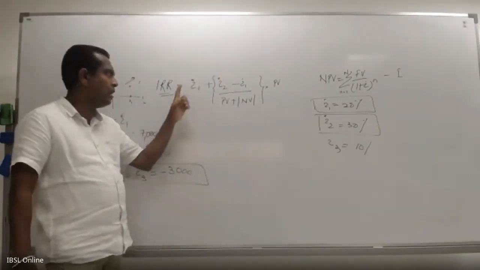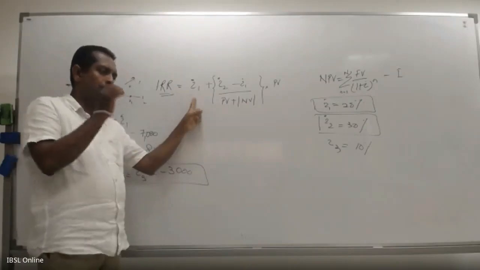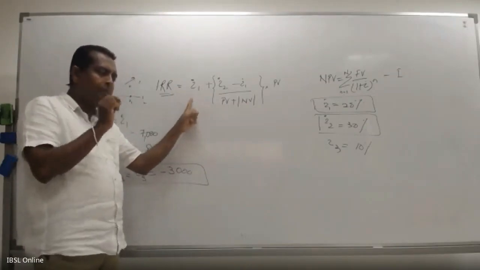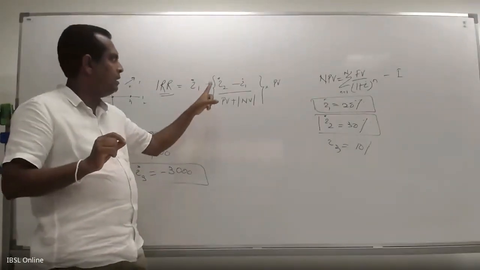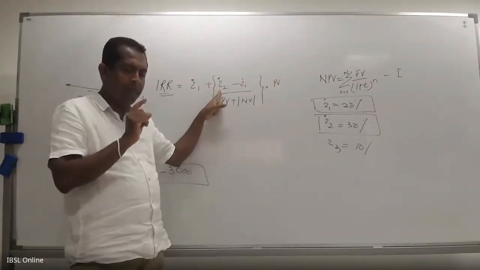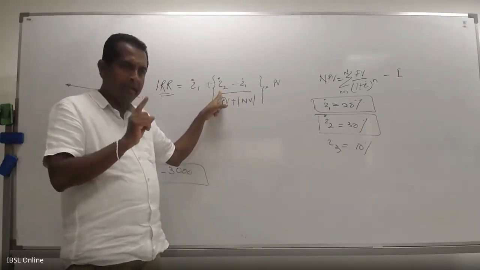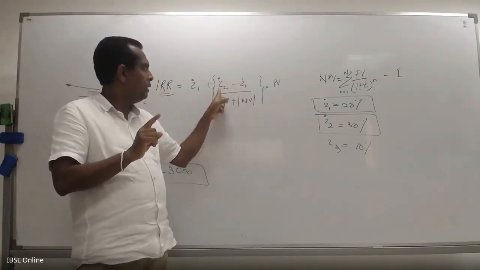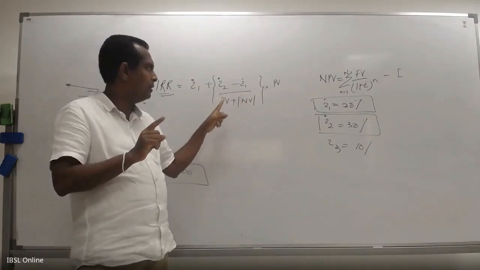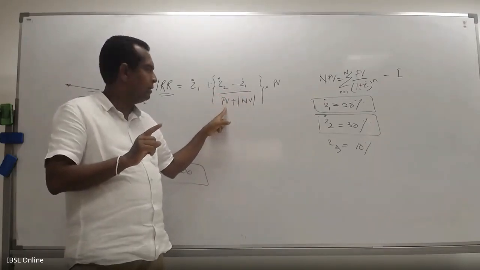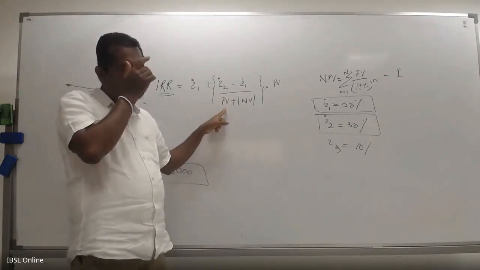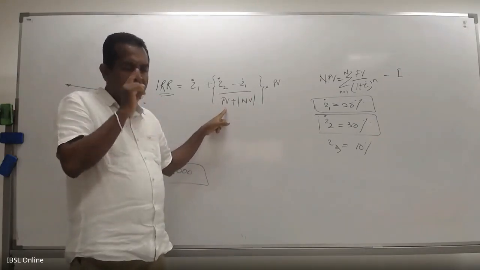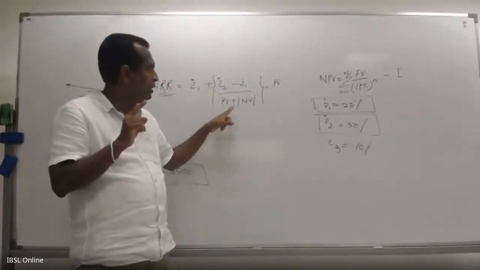Then you use this formula: I1 is the interest rate or discounting rate where NPV is positive but near zero. Then this I2 is where NPV is negative but near zero. I2 minus I1, divided by the positive value where NPV is positive, that positive NPV value.